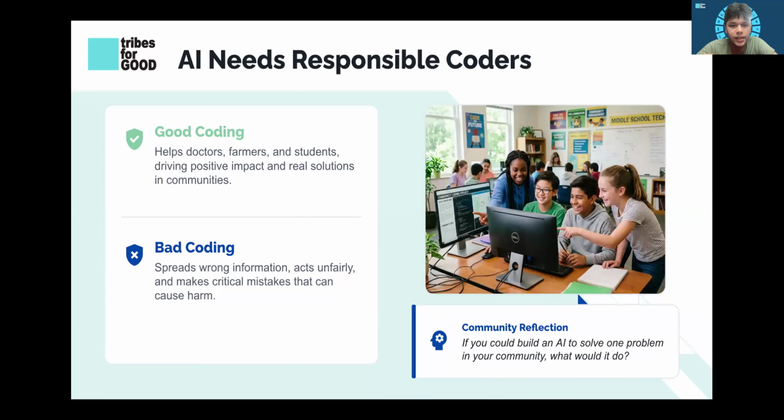Now there was a recent case with Gemini. You people might know Gemini. It's a Google AI platform, right? I think a person had asked it to generate a soldier. I think it was a German soldier, and it generated a black soldier, or an Asian soldier. That is an example of bad coding.